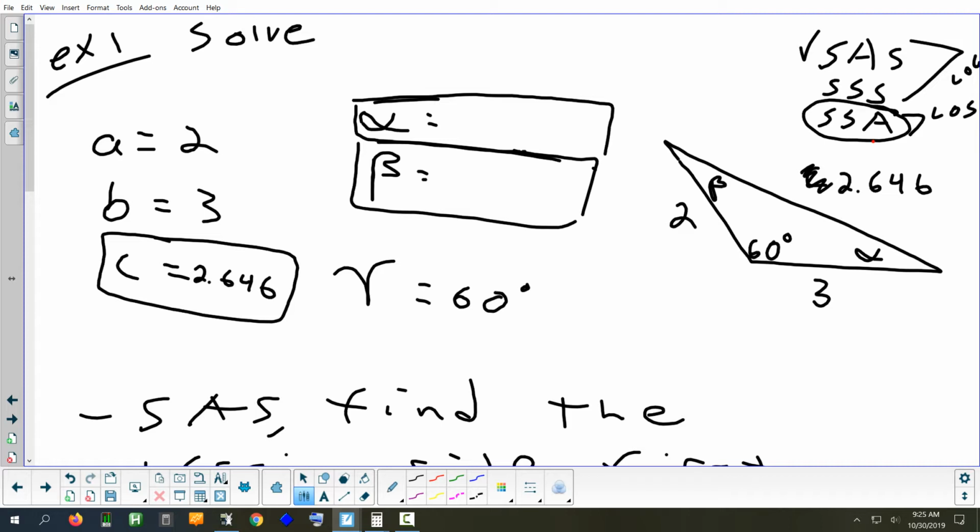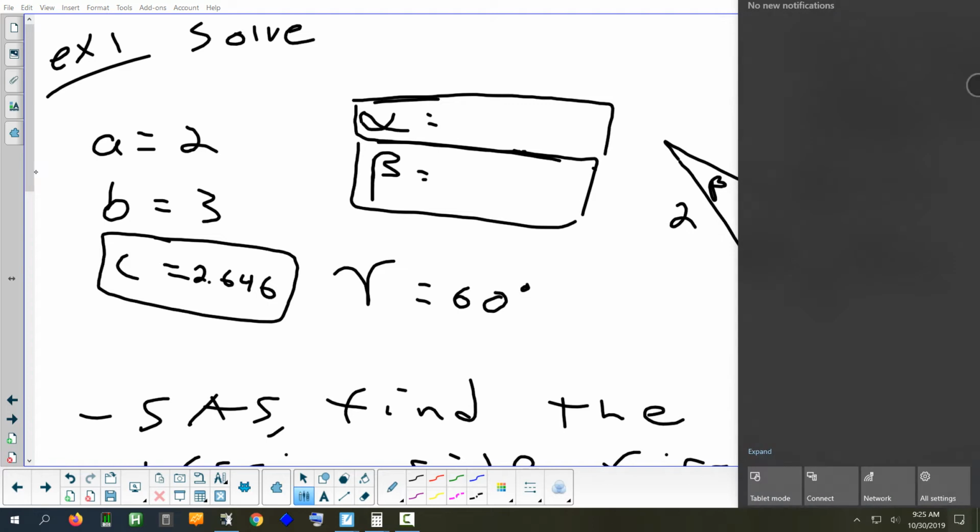So the tricky thing is if you use law of sines, you'd have to figure out which answer it is. It's either the one you get, or it could be the one you get when you subtract from 180, but it wouldn't be both. So we don't want to have to deal with that two solution stuff.